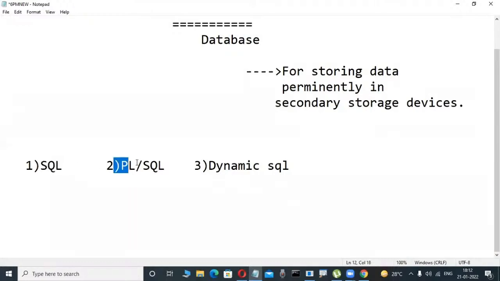But why is PL/SQL needed? It is a programming language, like C++ or Java. Why is this language required? Really, so many jobs are available in PL/SQL also, because there are so many applications.